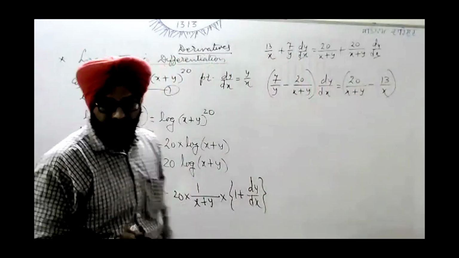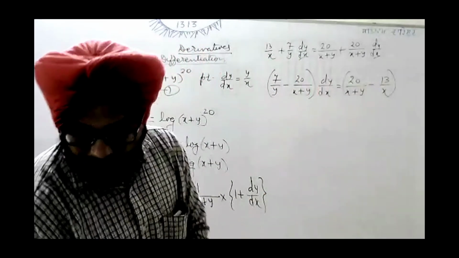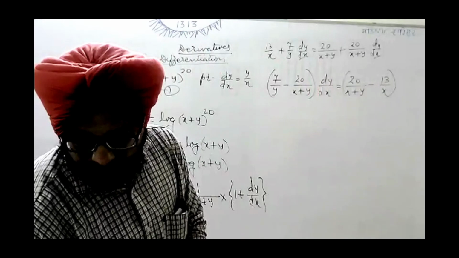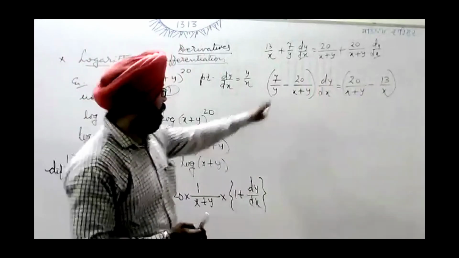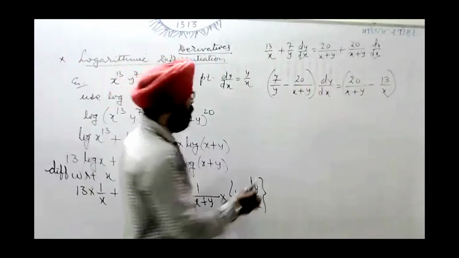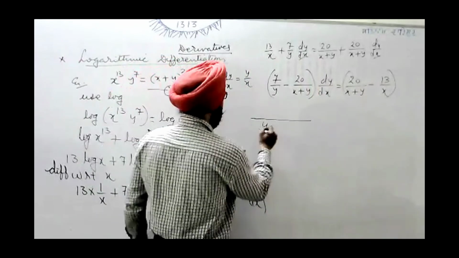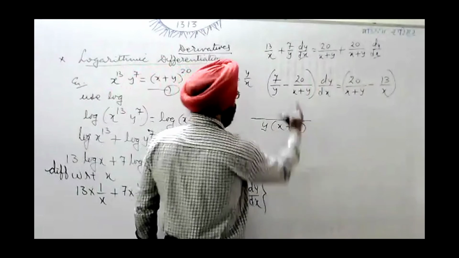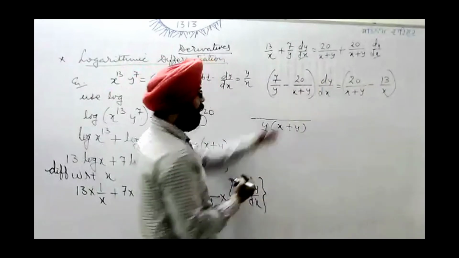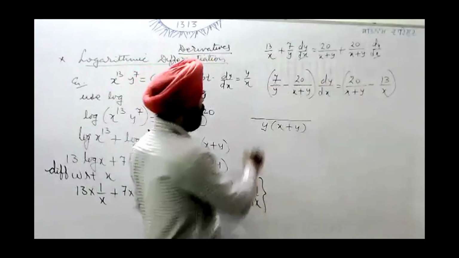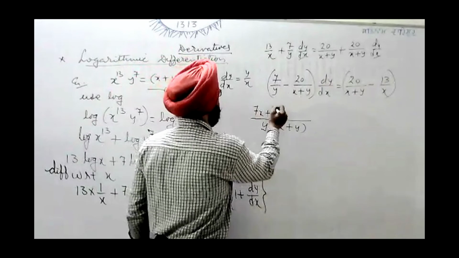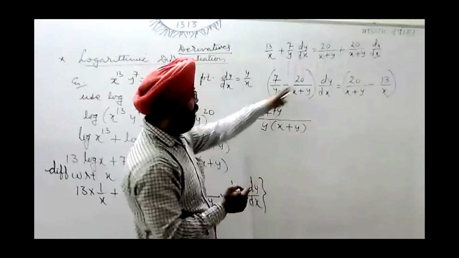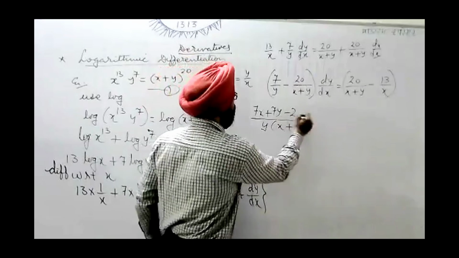LCM now. We need to take LCM of y and x plus y, and cross multiply. So when x plus y is multiplied to 7, we get 7x plus 7y. y multiplied to 20, we get minus 20y.